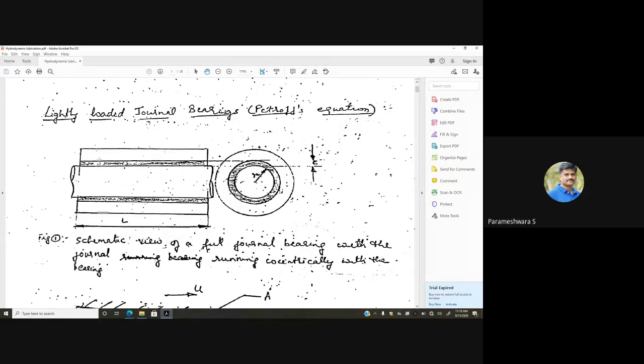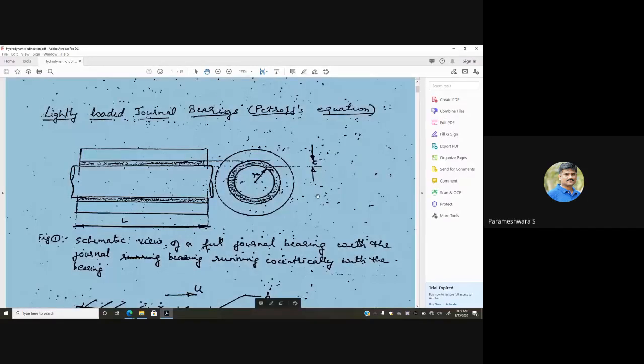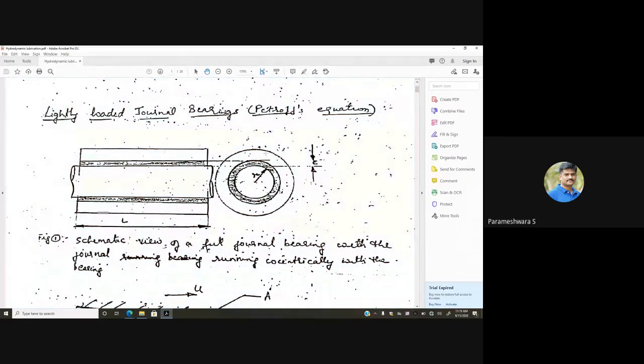You can see a schematic diagram of the journal bearing over here. This shaft is considered to be a journal, and it is surrounded by a bearing block. In the side view, you can observe this journal has a radius of r, and the bearing has another radius, and the gap between the inner radius of the bearing block and the outer radius of the journal is filled with a lubricant.